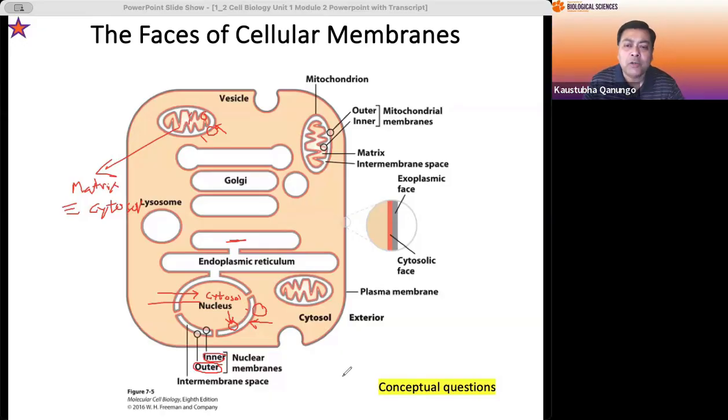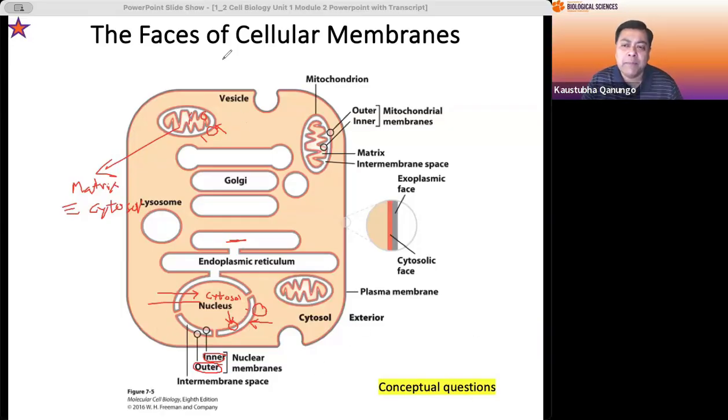So it is better to use the term exoplasmic phase and cytosolic phase rather than using inner leaflet or outer leaflet, because particularly the inner leaflet or the outer leaflet for the nucleus or the mitochondria become very confusing. So to tell which is the cytosolic phase and which is the exoplasmic phase is much, much easier.